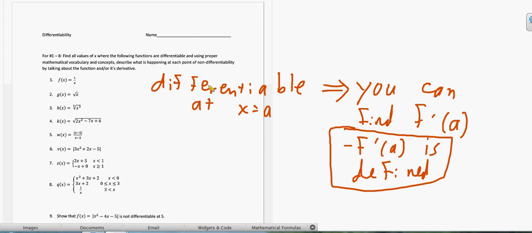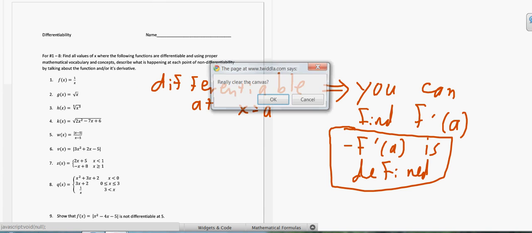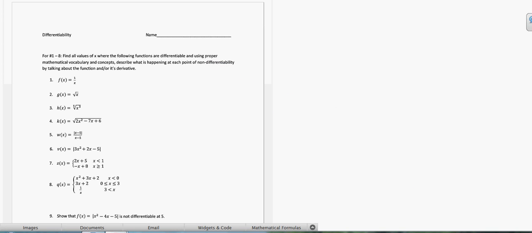Let's just look at these problems. We're looking at f of x equals 1 over x. To be differentiable, it must be continuous, because if it's not continuous at a point, then it can't be differentiable there. Automatically, f of x equals 1 over x is not continuous at 0, since f of 0 is undefined.